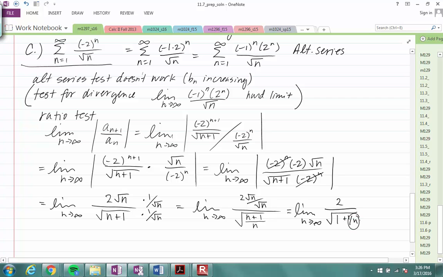So this is the determinate form, because I can take the limit as n goes to infinity, get 0 here, and then overall this limit is 2. So the ratio test worked because we're comparing to 1, and 2 is greater than 1, so therefore we have a divergent series. And again, this was by the ratio test.